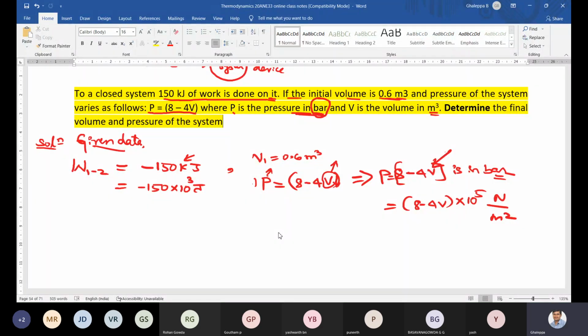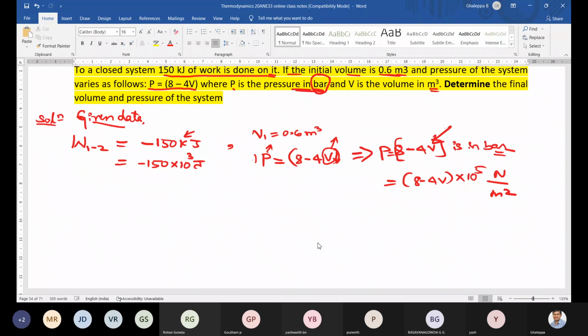Determine the final volume and pressure of the system. Final volume means which? V1 or V2? V2. Final pressure? P2.